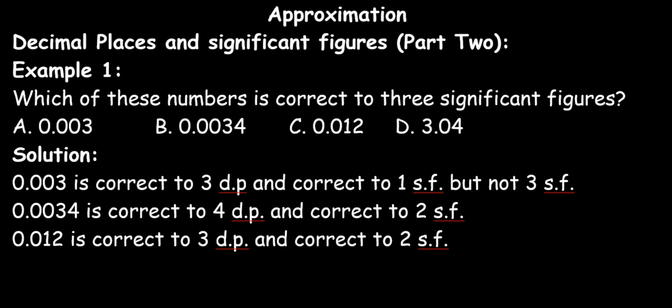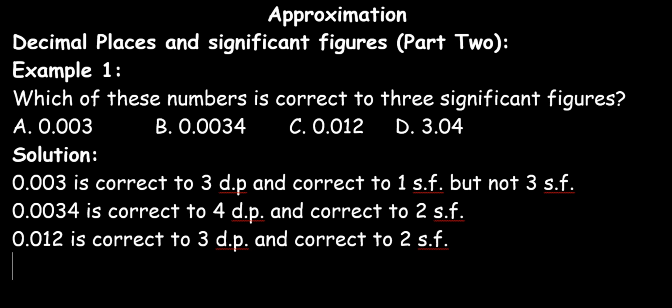That is why it's correct to 3 decimal places. But for significant figures, we don't look at decimal places, we look at the non-zero digits. And it's 1, 2 that we have there, so only 2 numbers. After 1, 2, there is no other number. That's why it's correct to 2 significant figures.